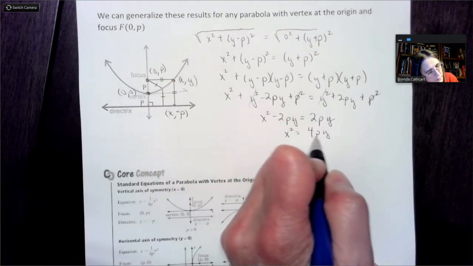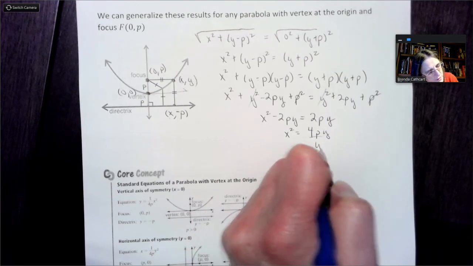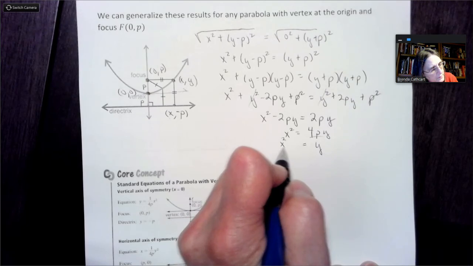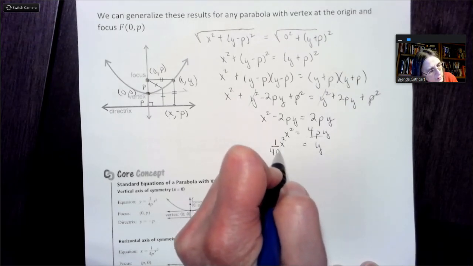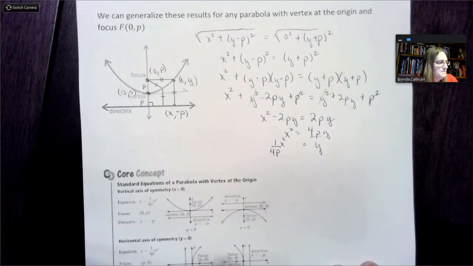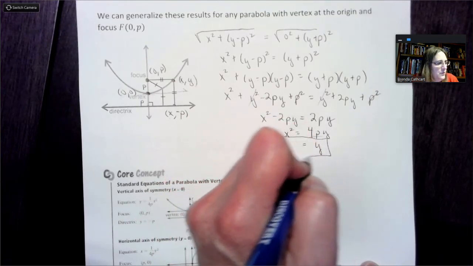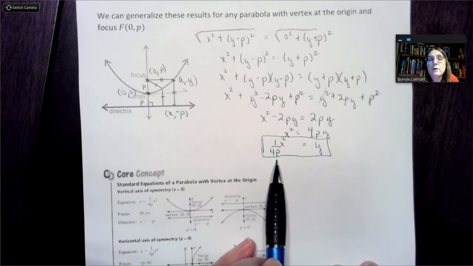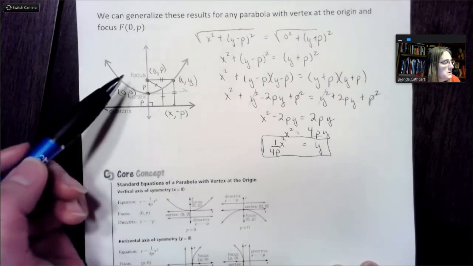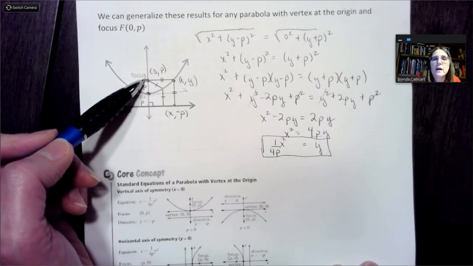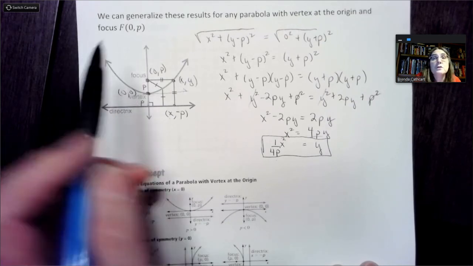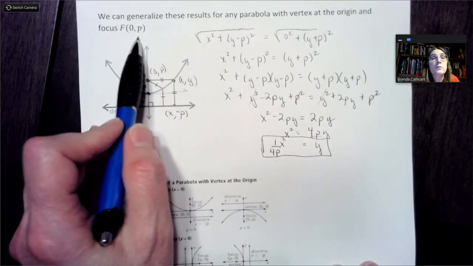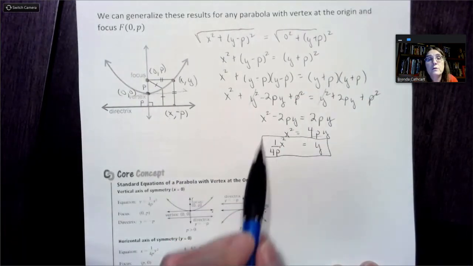Dividing both sides by 4p gives us y is equal to x squared over 4p, or times 1 over 4p. That then is a rule for finding our equation of our parabola, and the only thing we need to know is the value of p, which is our distance between our vertex and our focus. So it's an equation, vertex at the origin, focus at (0, p), and we have this equation.